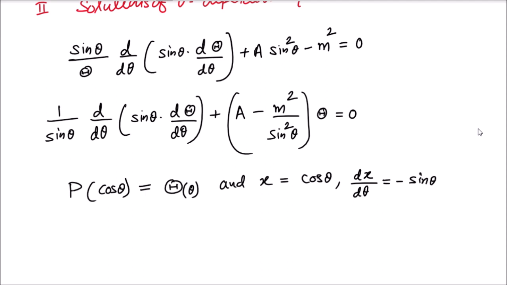So that implies d by d theta is equal to dx upon d theta into d by dx, that is equal to minus sin theta into d by dx.